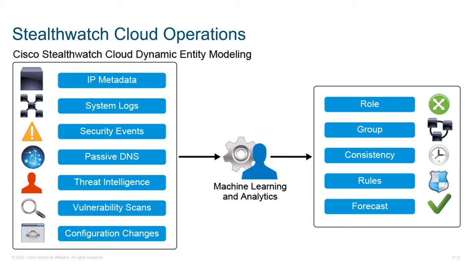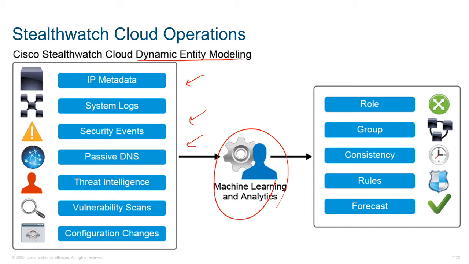Now, as far as the dynamic entity modeling, there is another part in, I think, one of the later sections, like 31, which I think is the next major section. But basically, we're looking at the things that we can take in, metadata, events, DNS information, and putting it through the machine learning and analytics.